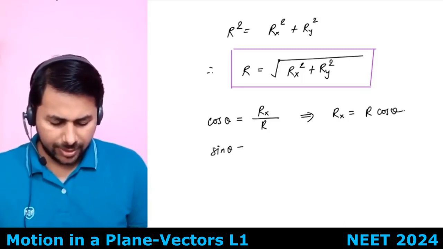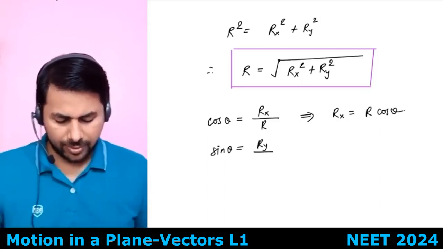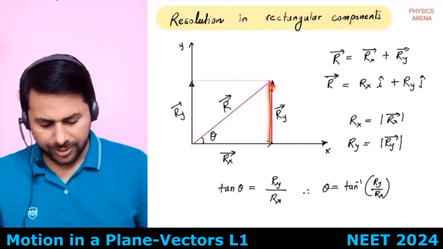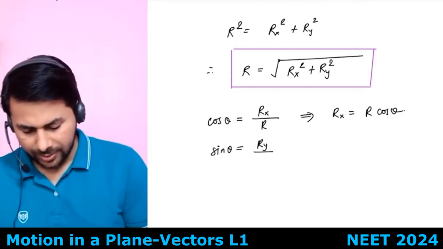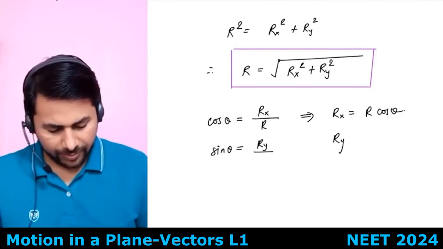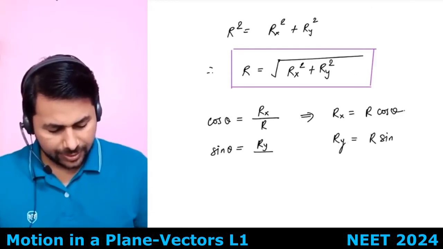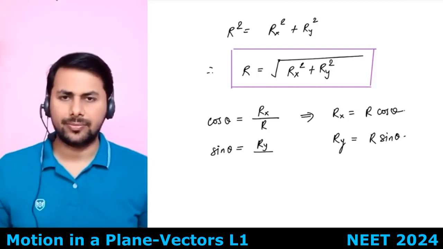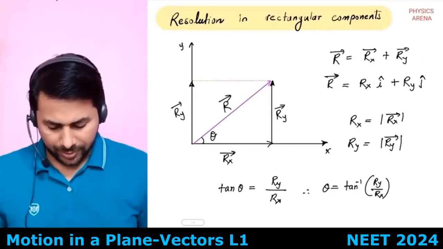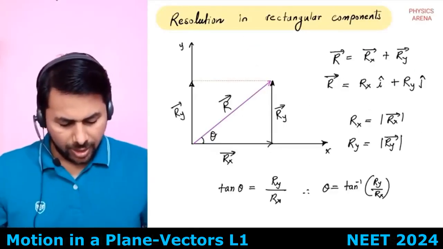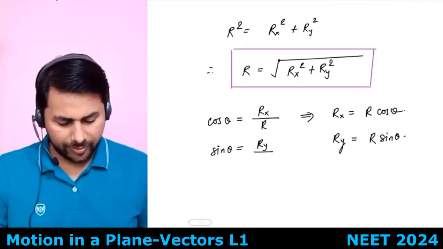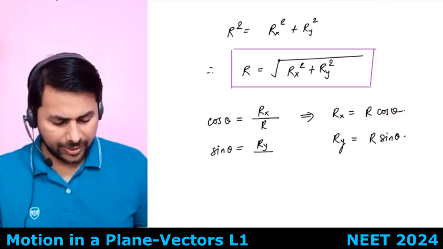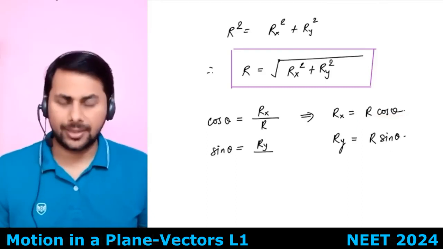Similarly sin theta equals opposite side divided by hypotenuse, so ry equals r sin theta. So rx is the magnitude of rx bar, which we find as r cos theta, and ry is r sin theta.